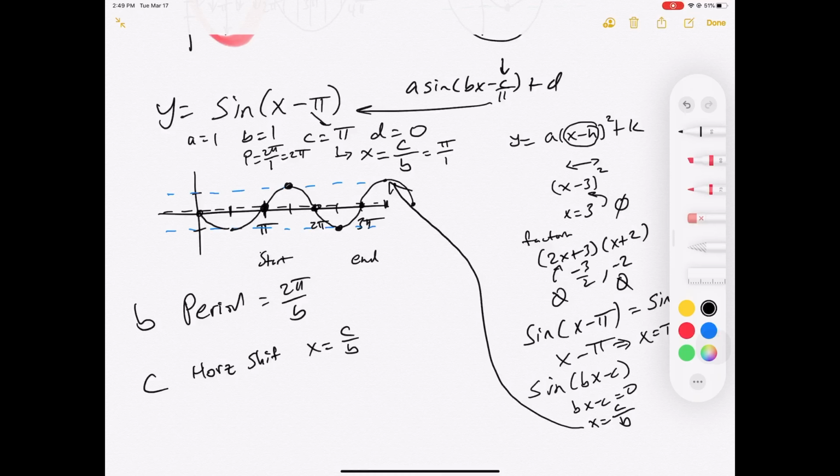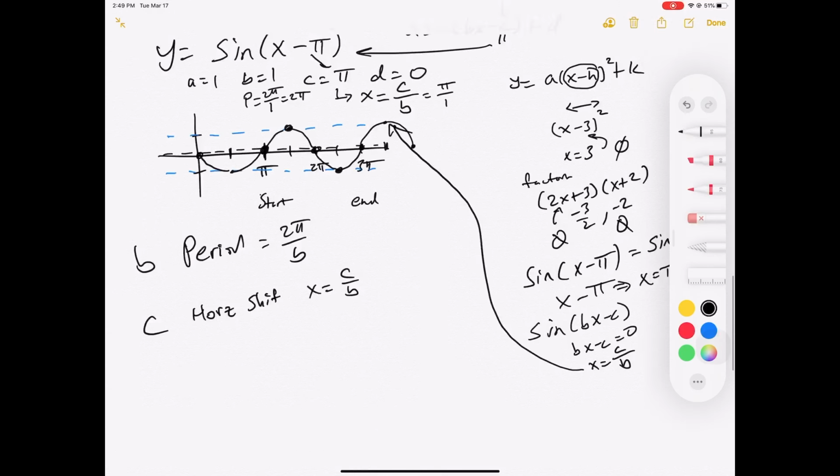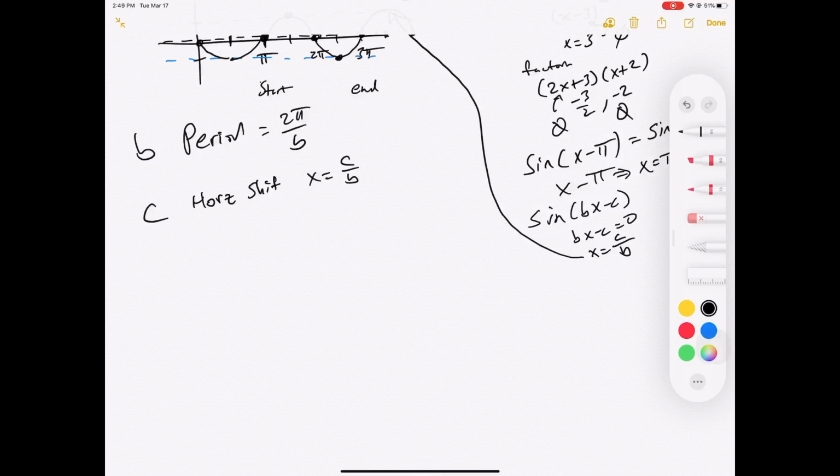Let's do one more of these problems. This time we're going to include everything that we've done already. So let's do y is equal to 2 sine, 1 over 4 x, open parentheses, minus pi over 2, plus 1.